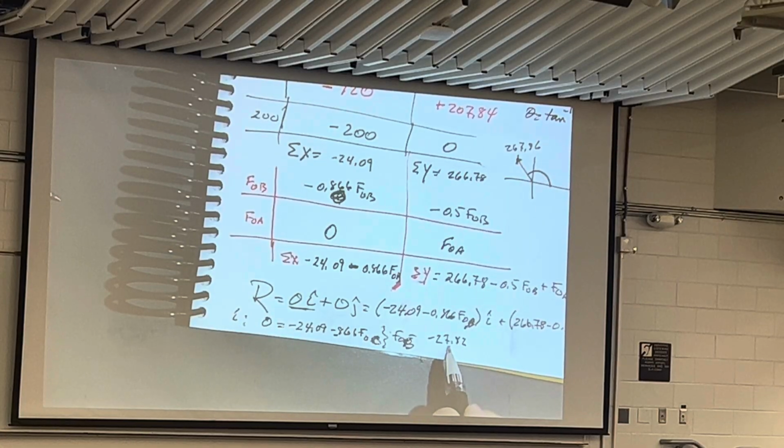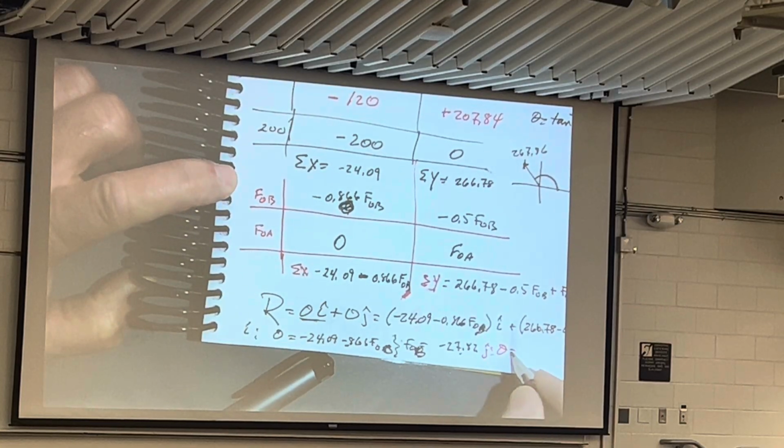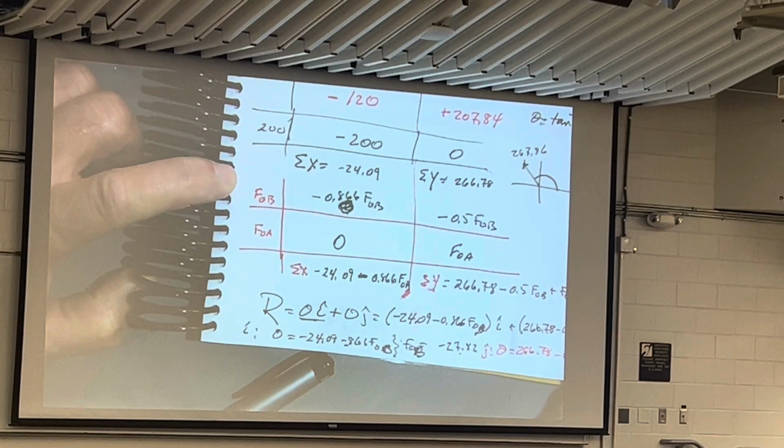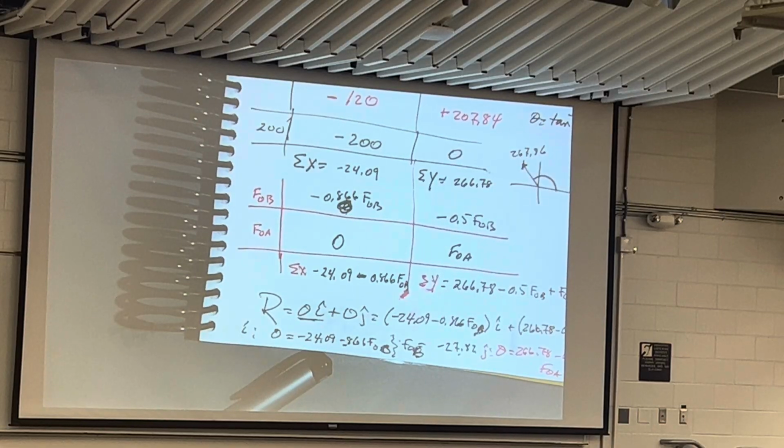If I now take this and dump it into here, I can find FOA by saying 0J, this is all the J, 0 is equal to 266.78 minus 0.5 times negative 27.82 plus FOA. FOA is equal to negative 280.69. Done.